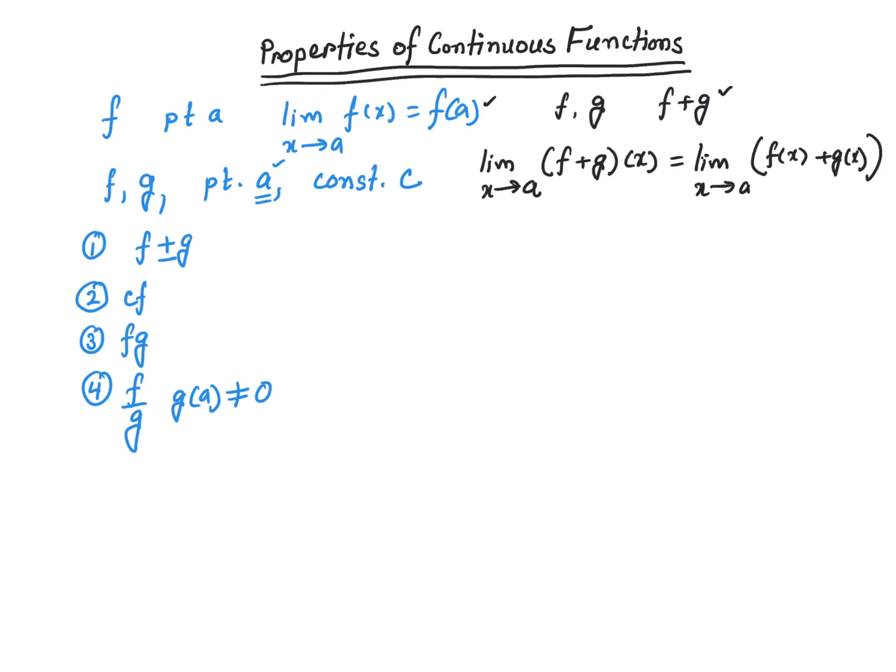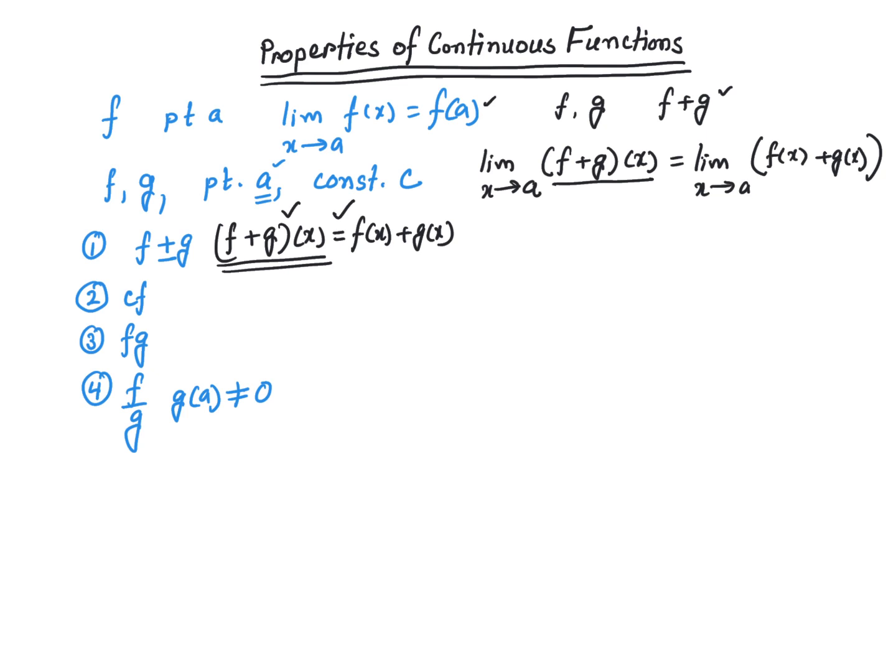Just on a side note, to remind you, when we take the sum of two functions, (f plus g) of x, what this means is actually f of x plus g of x. We just write it in this notation. So by applying this convention, we can rewrite this function as f of x plus g of x.